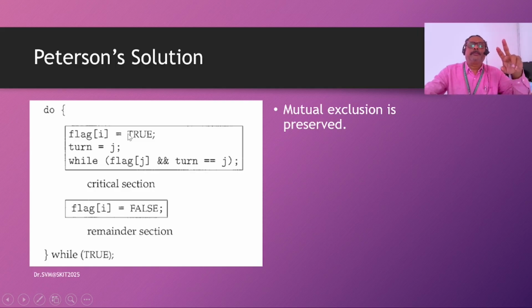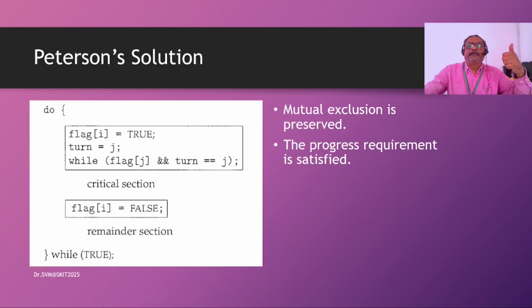Flag I can be true and flag J can be true together, but the turn value is either I or J, not both. Therefore, either process I's while loop will be in the indefinite wait, or process J's will be. That means only one will be allowed. So mutual exclusion is preserved.